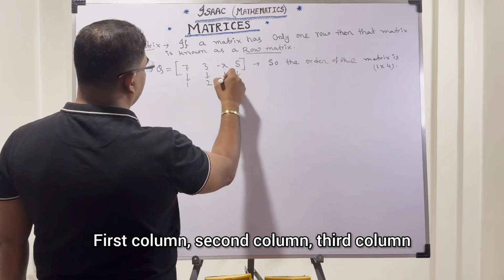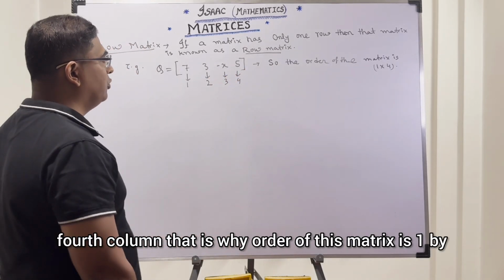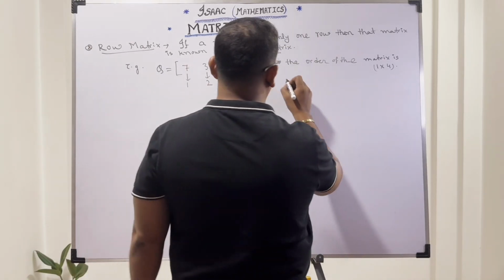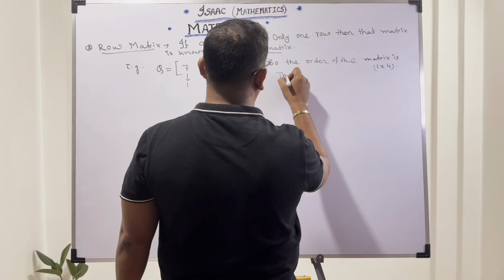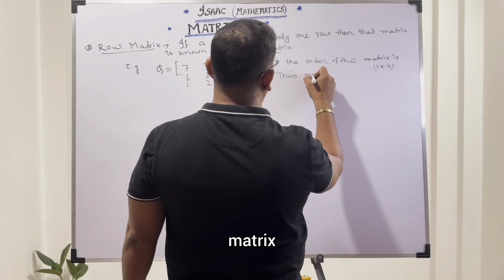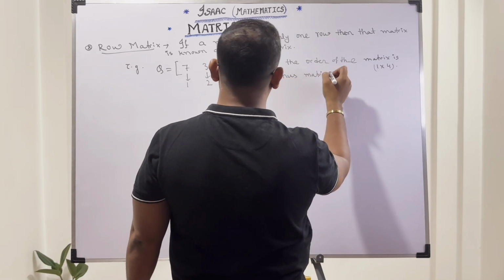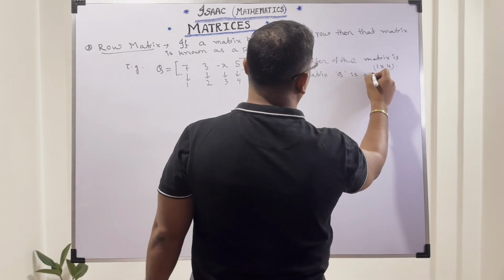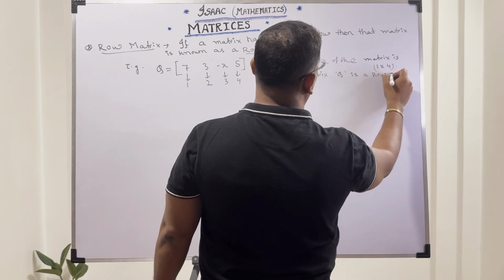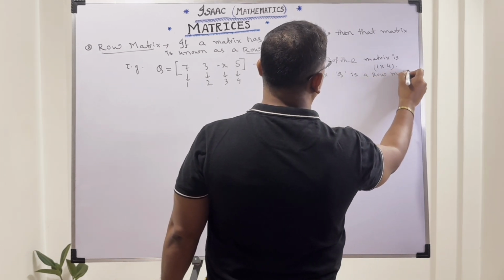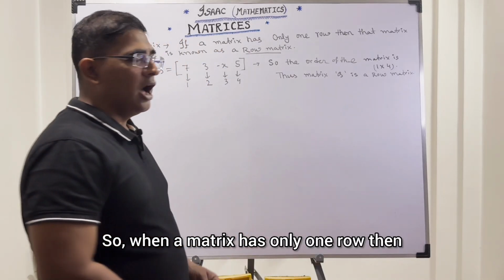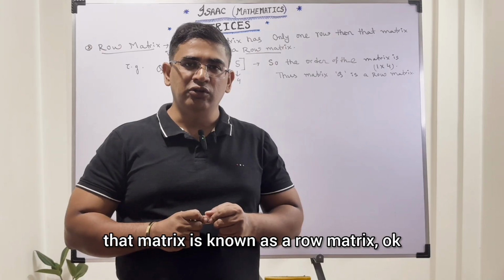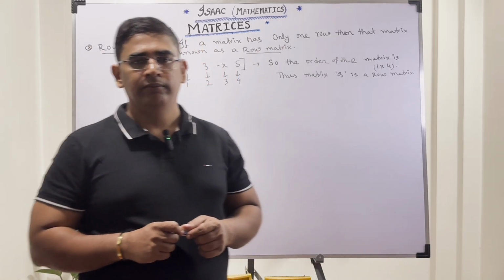First column, second column, third column, fourth column. That is why order of this matrix is 1 by 4. Thus, matrix Q is a row matrix. Okay, so when a matrix has only one row, then that matrix is known as a row matrix. Okay.